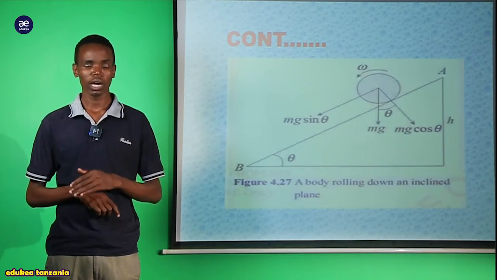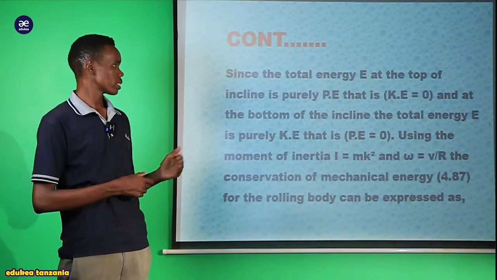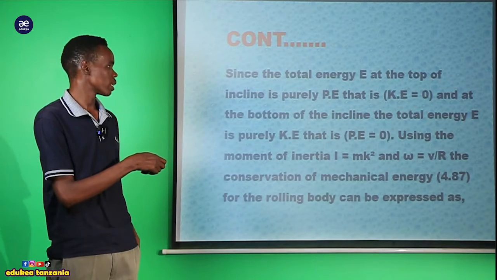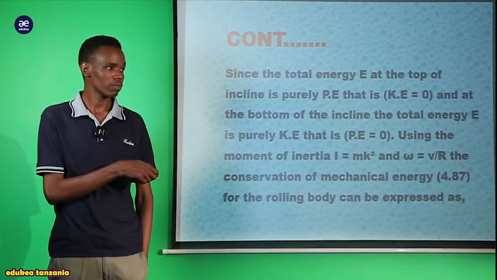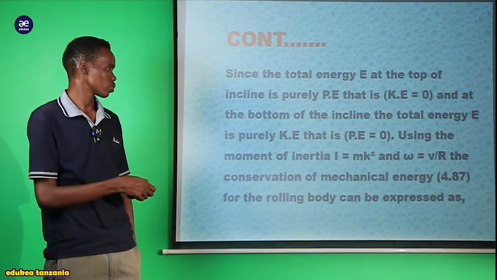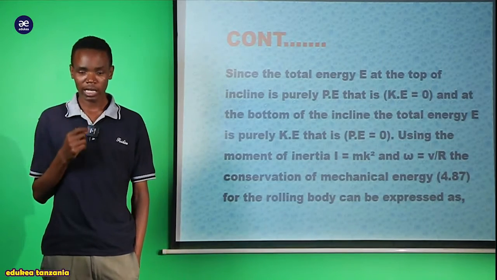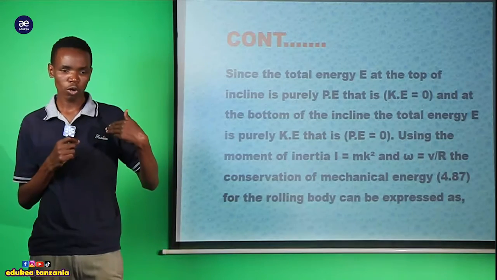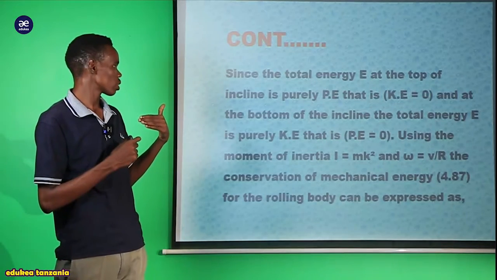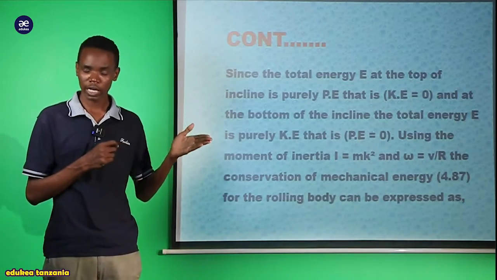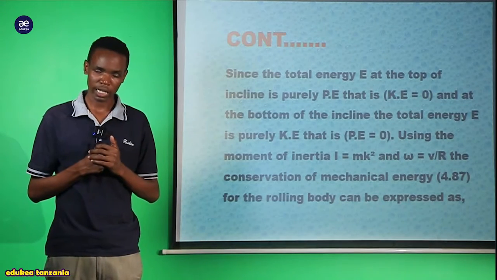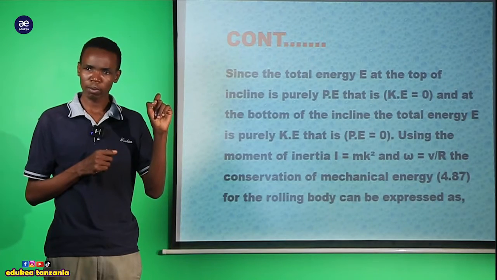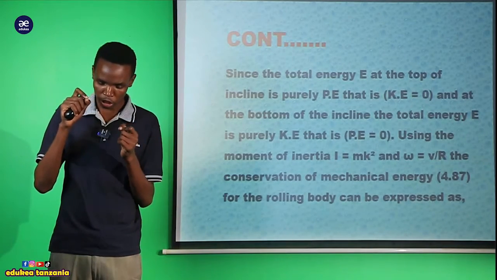So after observing this figure here, now let us go to what we have been asked to do in our question here. So since the total energy E at the top of the inclined plane is the pure potential energy, and the kinetic energy this one. So as we know, at the top the mechanical energy, the total energy is equal to the potential energy, while at that top at the point A the kinetic energy is equal to 0.